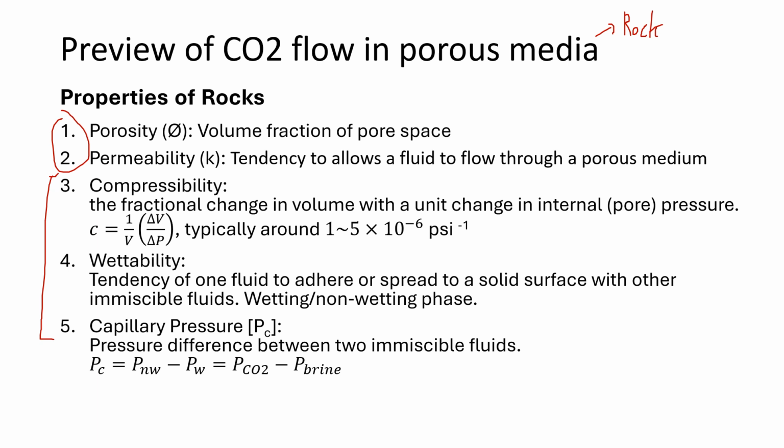The dimension of compressibility is 1 over pressure, and typical rock has around 1 to 5 times 10 to the minus 6 per psi. This should be considered because once we inject the CO2 in the subsurface, that injection will increase the pressure of the rock, and because of the pressure, the rock will change its bulk volume. So this should be considered.